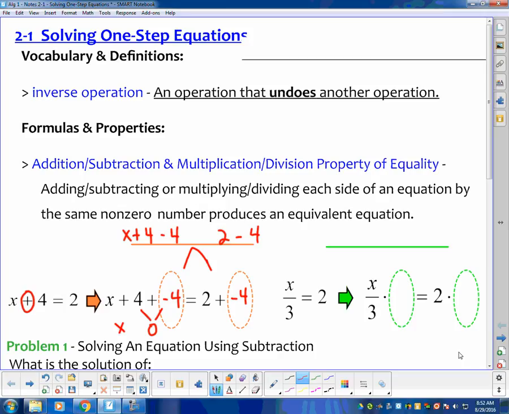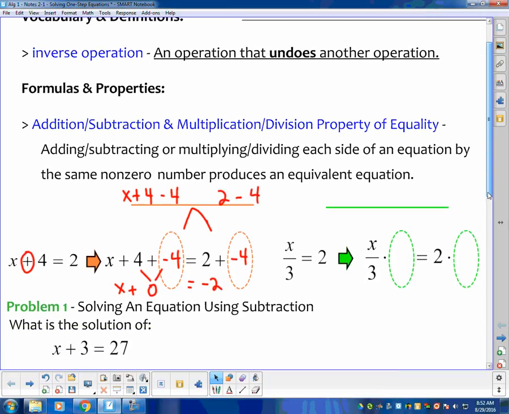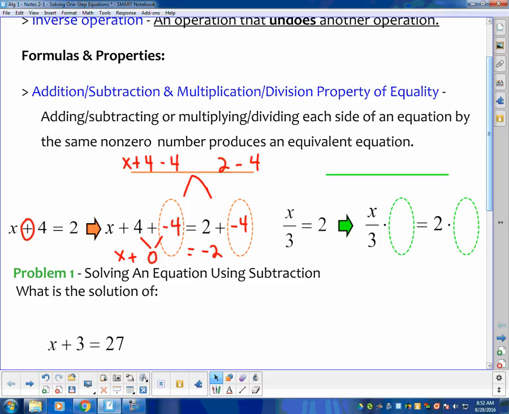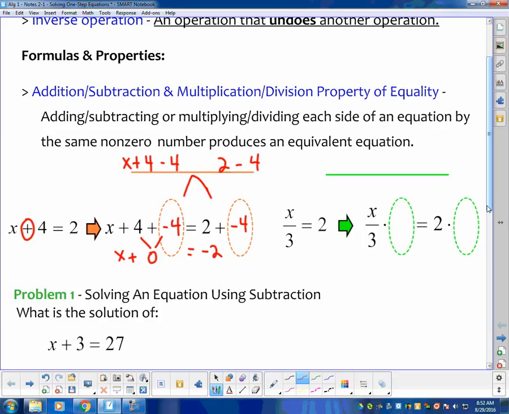And so I have x plus 0 equals 2 plus negative 4, which is negative 2. And so therefore I get x equals negative 2. We'll box our answer. And you can see that if I plug negative 2 into the original equation, negative 2 plus 4 is in fact equal to 2.